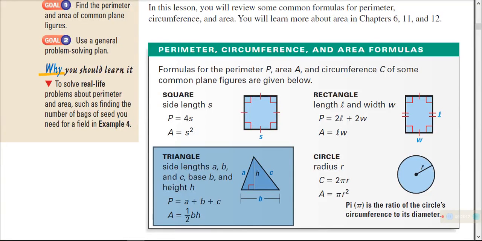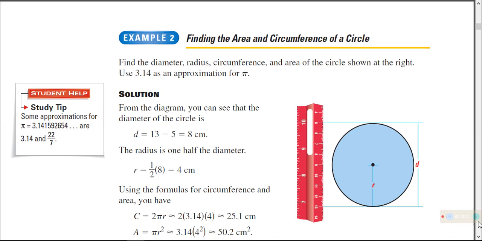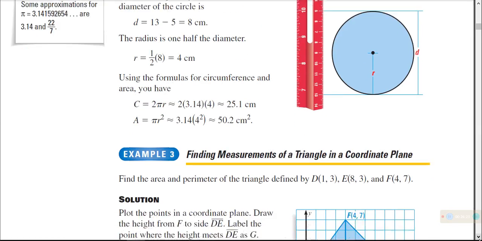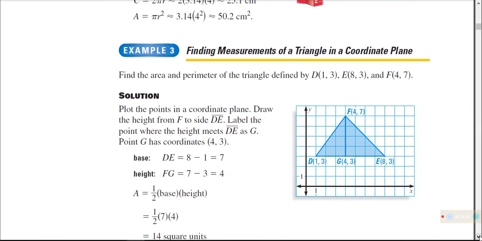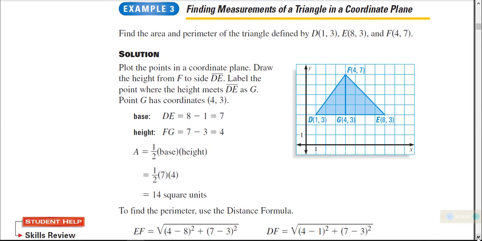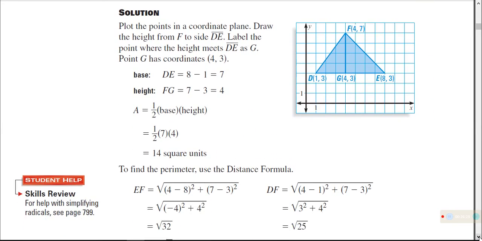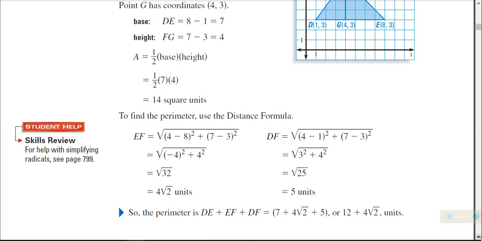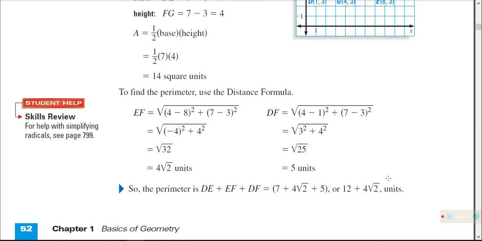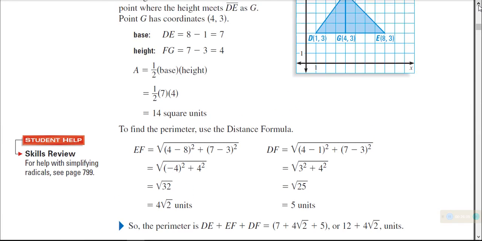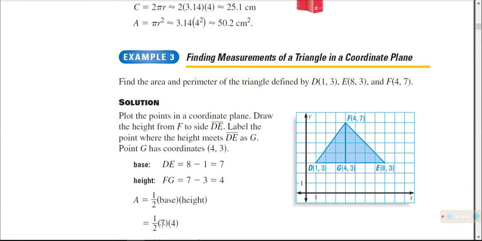Okay? So, tingnan nga natin yung solution dito. Ayun. So, 12 plus 4 square root of 2 units. Kasi wala naman tayong nakalagay kung inches siya, or feet, or centimeter.